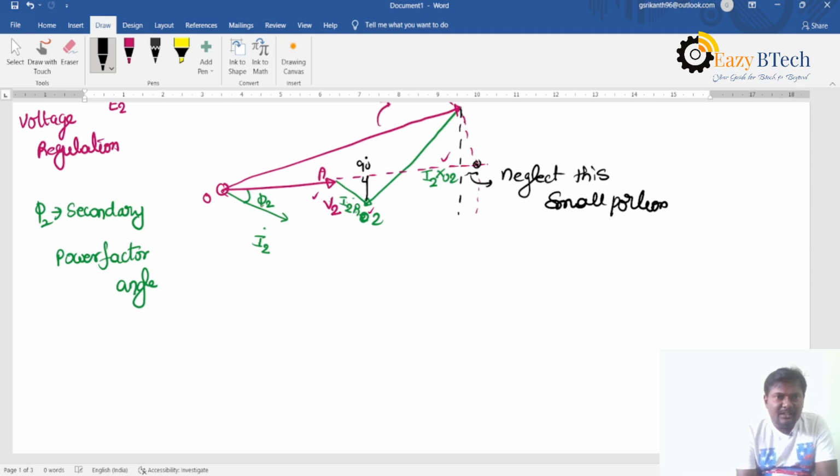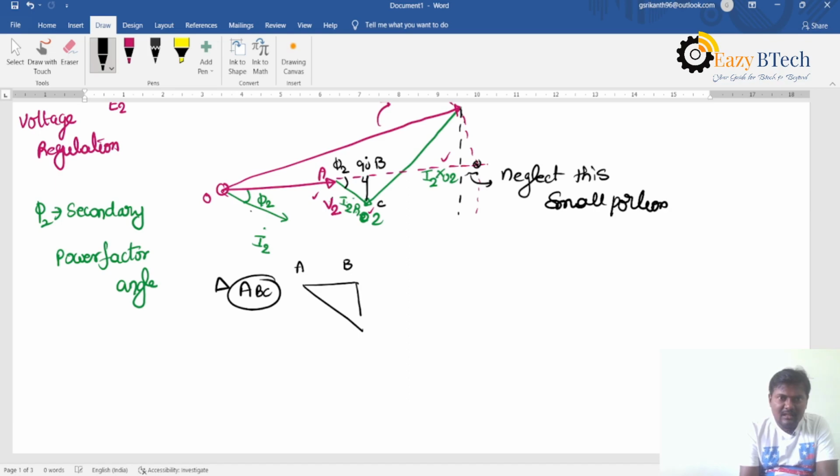The angle between V2 and I2 is phi 2, and between V2 and I2 R02 is also phi 2. If I take this small triangle, this one is B, and let's say this is C, triangle ABC. Angle BAC is phi 2, and this angle is 90 degrees. What is this angle?